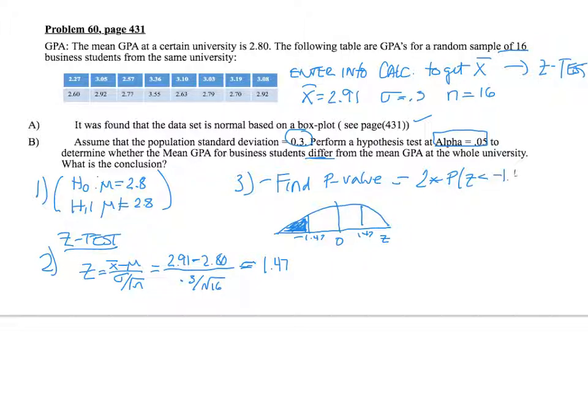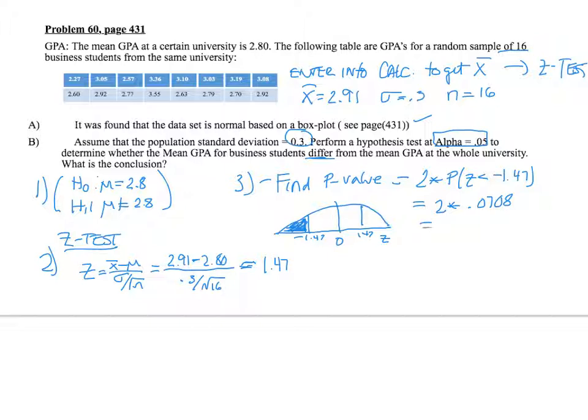And that's equal to 2 times, when I found it on the table, I get 0.0708, right?